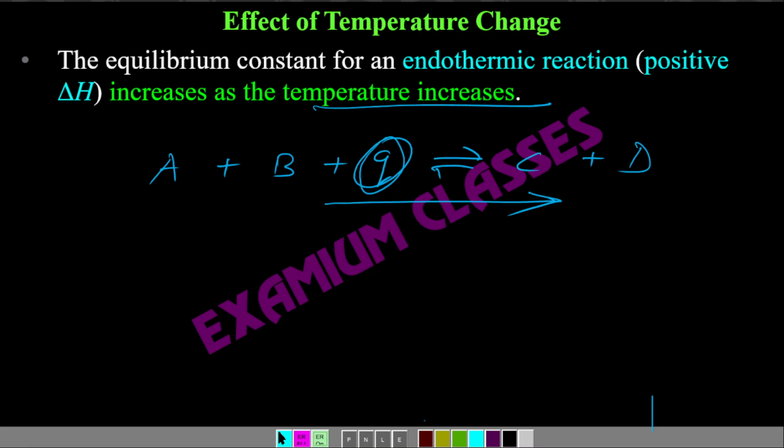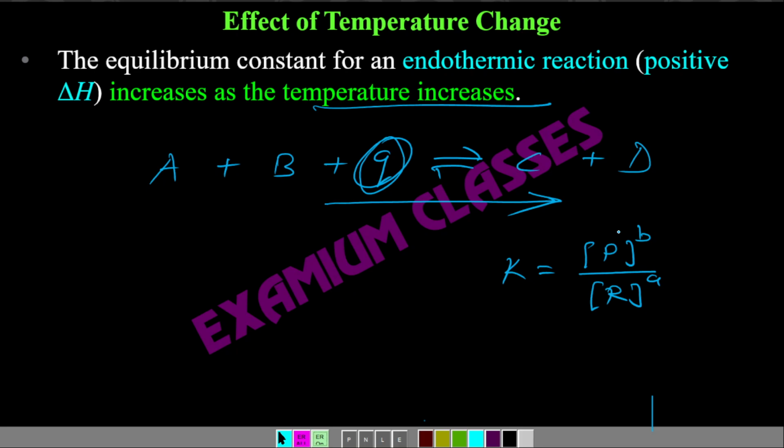The equilibrium constant is given by the products' concentrations raised to their stoichiometric coefficients divided by the reactants' concentrations raised to their stoichiometric coefficients. So product concentration will be increased permanently due to the increase in temperature. In this case, for an endothermic reaction, the equilibrium constant will increase.